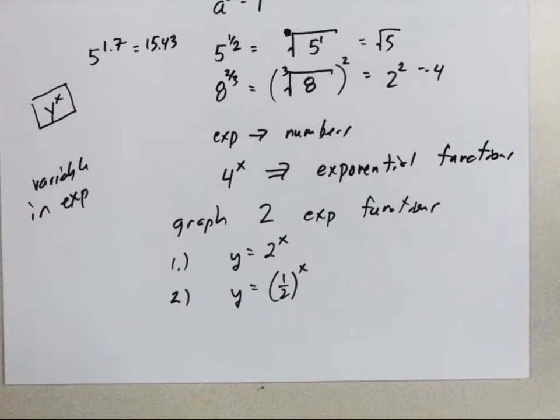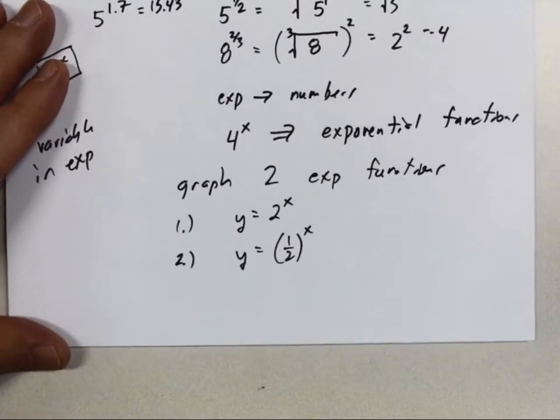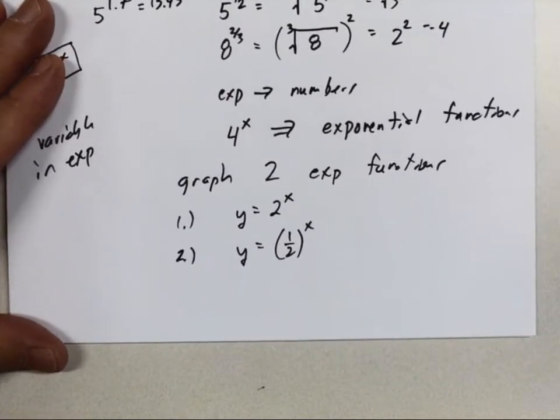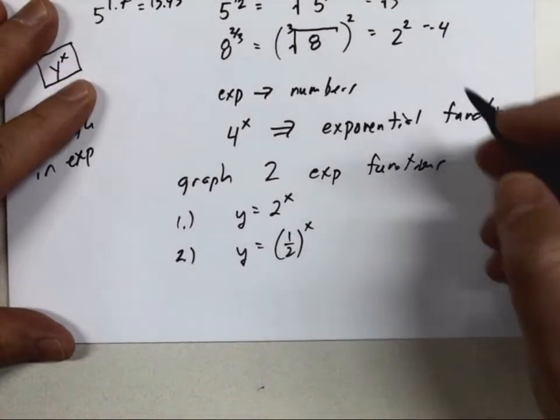Now before I do it, I want to give you a little heads up, and I'll explain it in a few minutes, but let me give you a little sneak preview, and then when we talk about it, you'll remember I said it.